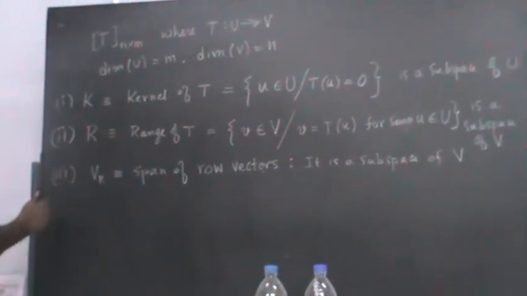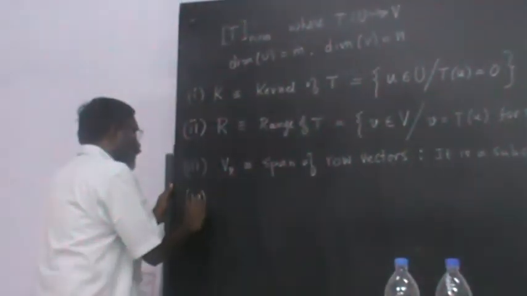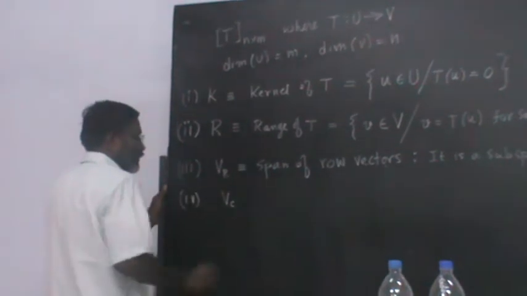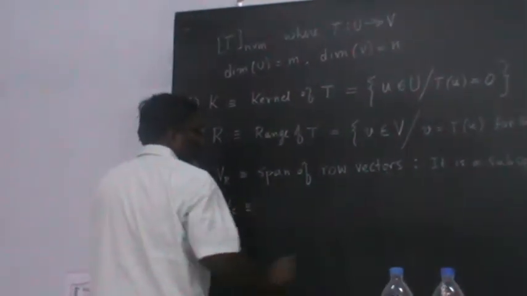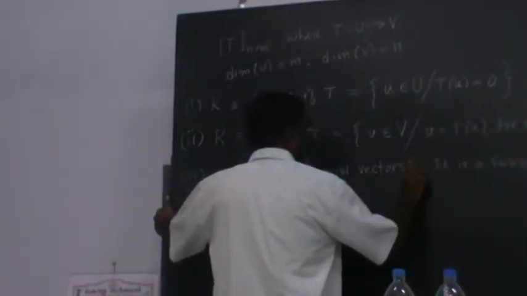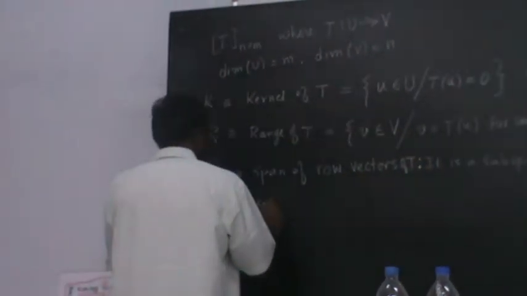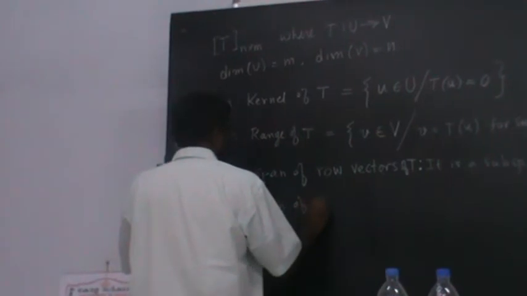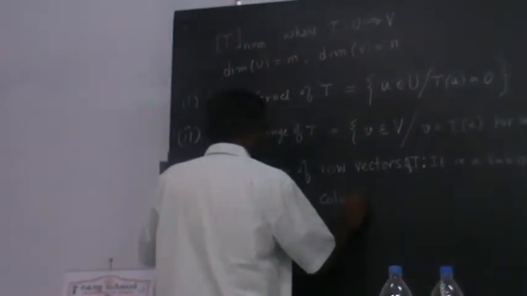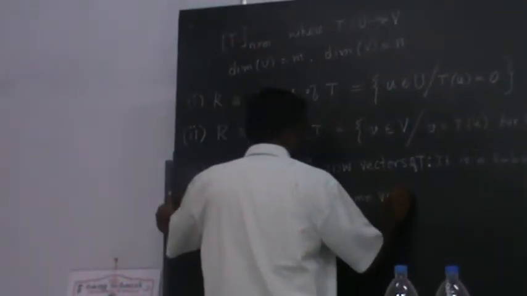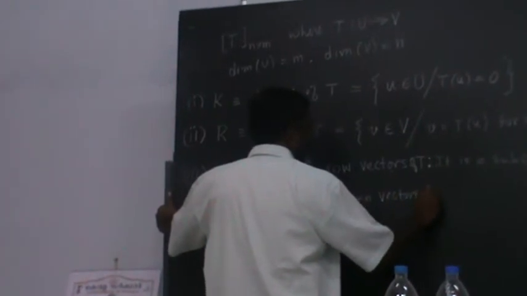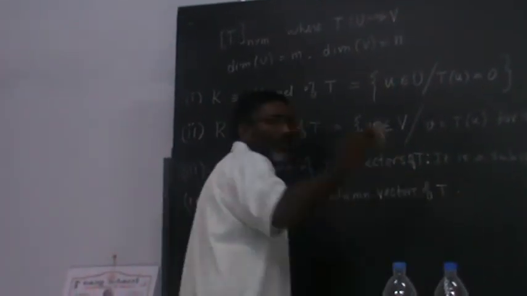Correct? And the fourth one is the span of column vectors of T. There are m columns.